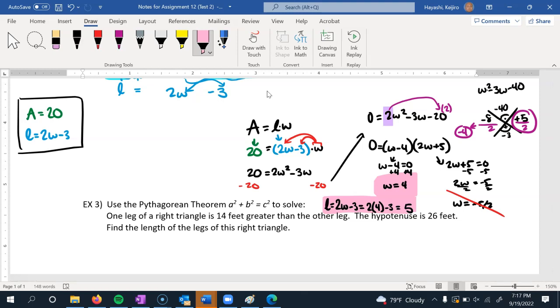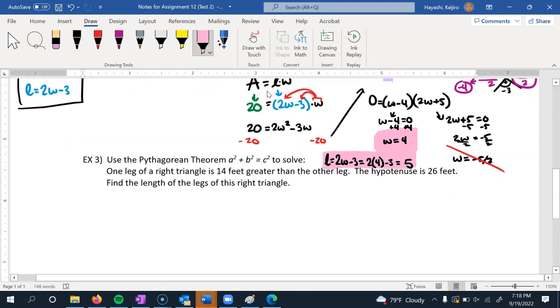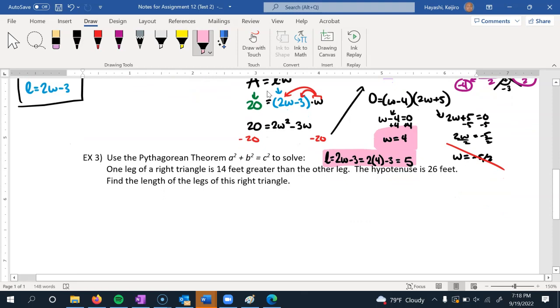Who remembers the Pythagorean theorem for right triangles? It doesn't actually matter if you don't remember, because it's right there. Use the Pythagorean theorem, a squared plus b squared equals c squared, to solve. Now, a and b refer to the two legs of a right triangle, and c refers to the hypotenuse, which is the longest side of a right triangle.